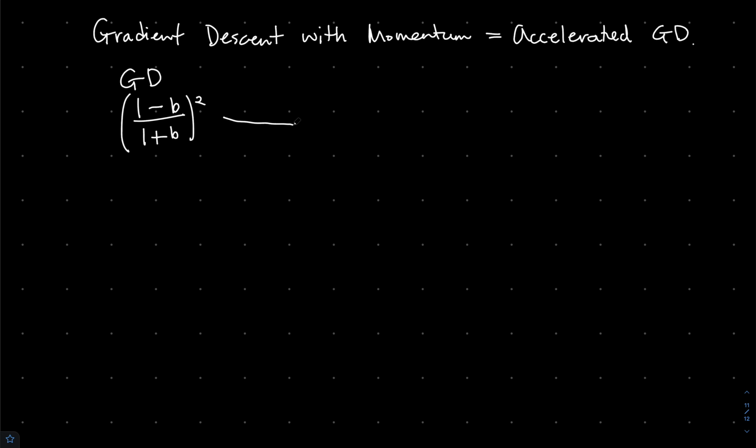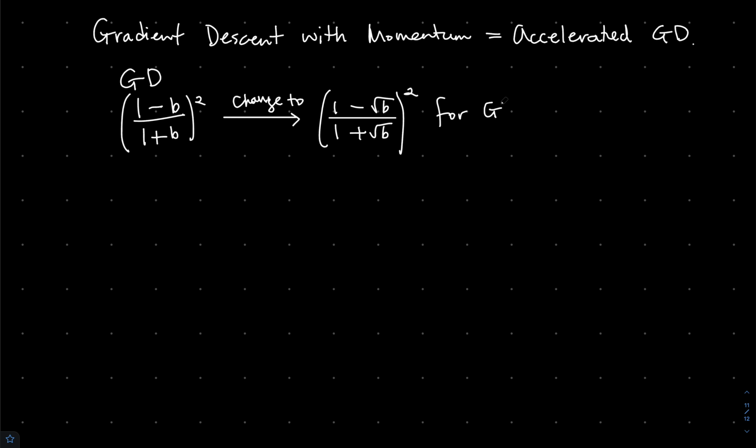This will change to 1 minus root b over 1 plus root of b squared for GD with momentum, for example. For the example that we are seeing, the illustrative example.